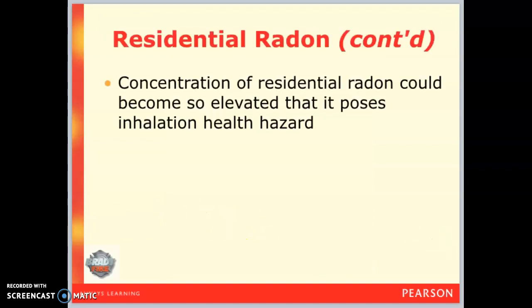However, if we are in a situation where radon is elevated, where we have higher than normal concentrations of radon in the air, especially in the air surrounding our homes where we spend the majority of our time, that's when radon can be a particular risk. And if the concentration of radon becomes so high, then we start to move into that inhalation health hazard area where we can start talking about air poisoning and radiological effects of being exposed to too much radon.